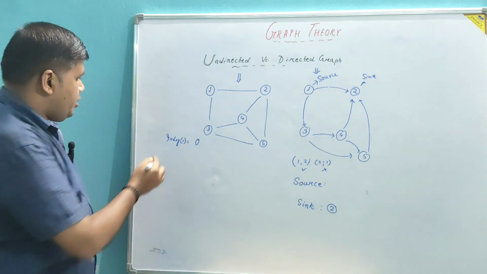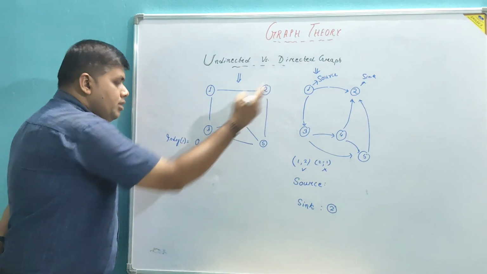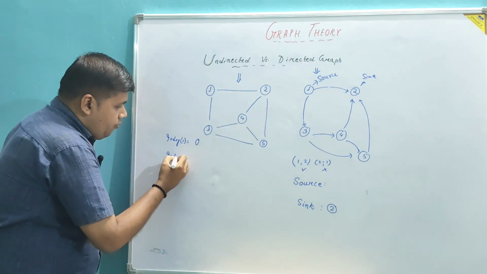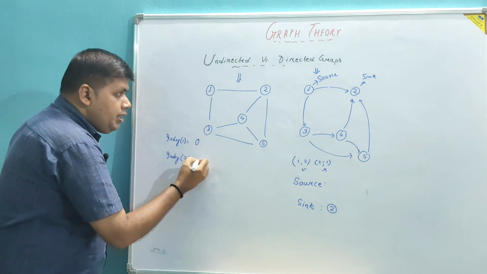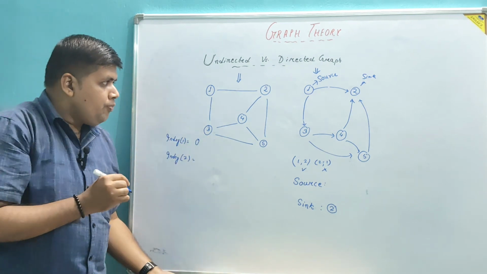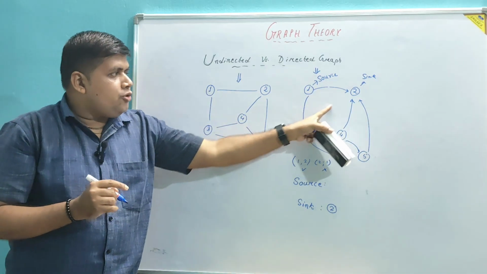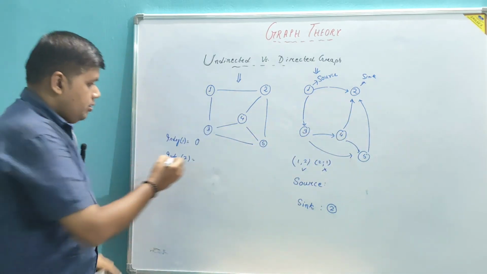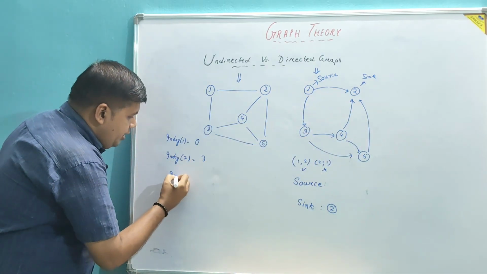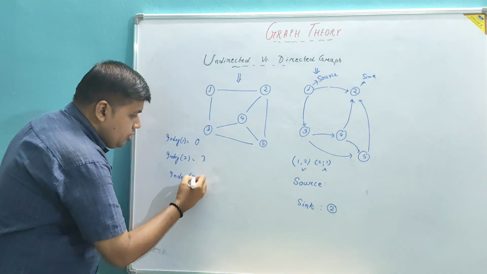So we will be using the term in degree. In degree of 1 is 0. In degree of 2, if you observe properly, for the node 2 there are 3 in degrees.